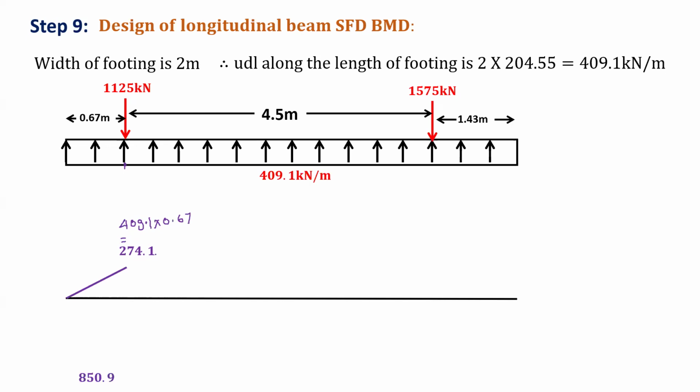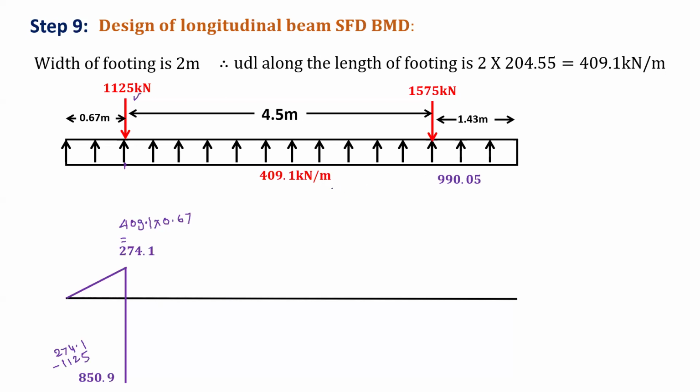Then we have 850.9. How do we get this value? We have 274.1 minus 1125, because the load of column A, this 1125, goes down, and therefore we get this value.